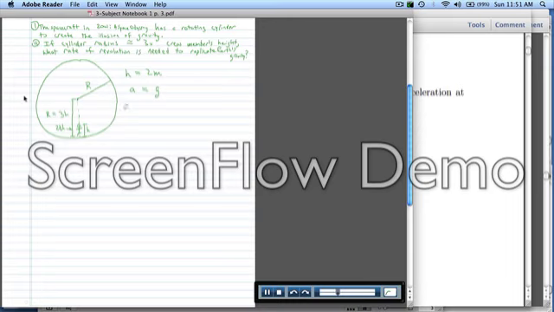So we'll have a equals omega squared r, and this r is going to be acting at the person's center of mass, so that's omega squared times 2.5 H, and this should equal g, because the acceleration should equal g.